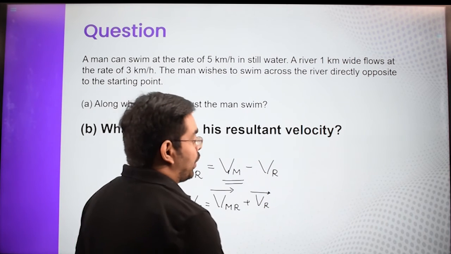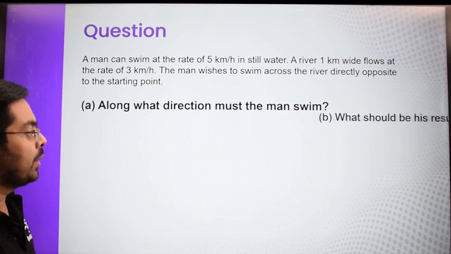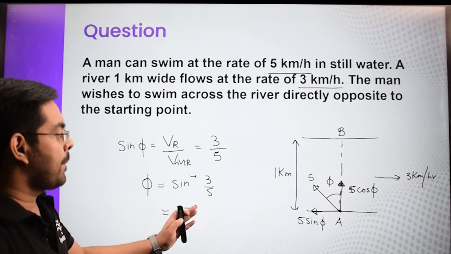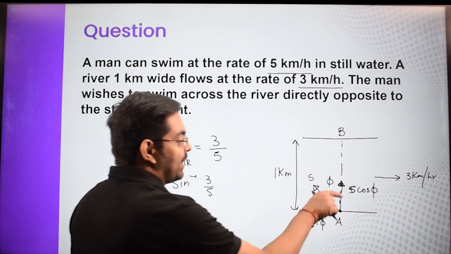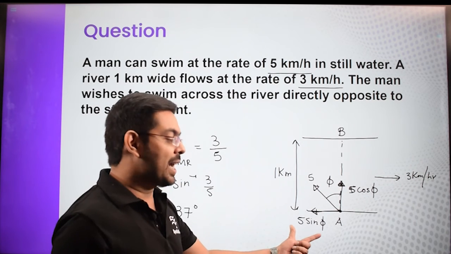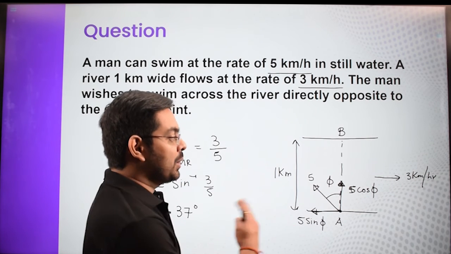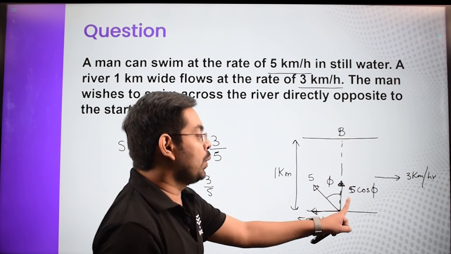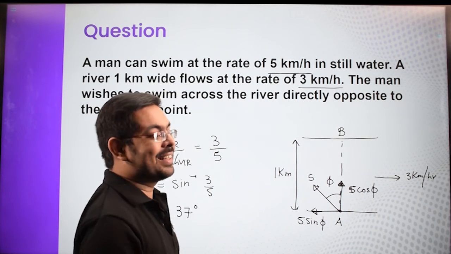ठीक है, तो going back to the diagram, इस डायग्राम में देखें बेटा, तो देखो 3 किलोमीटर पर आवर was cancelled by 5 sin phi so that the drift becomes 0, along the flow of river. So only 5 cos phi is left.